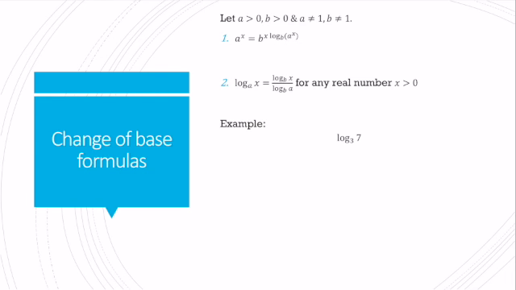So this means if I have log base 3 of 7, okay, let's let b equal e, that means I'd have log base a of x equals the natural log of x over the natural log of a. So for log base 3 of x, we're going to write this as the natural log of x, which in this case is 7, over the natural log of 3.